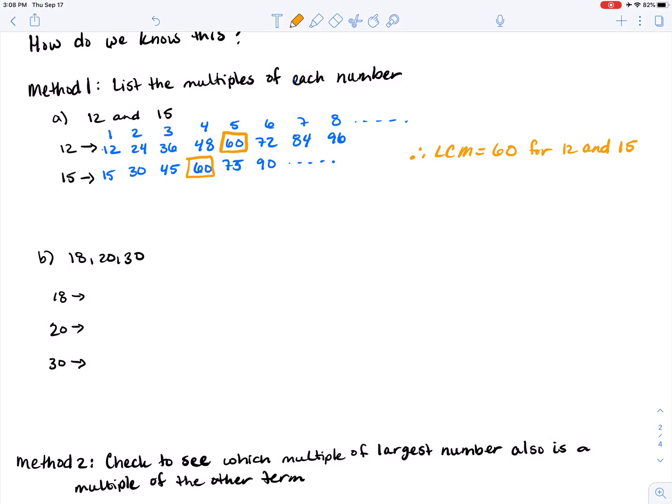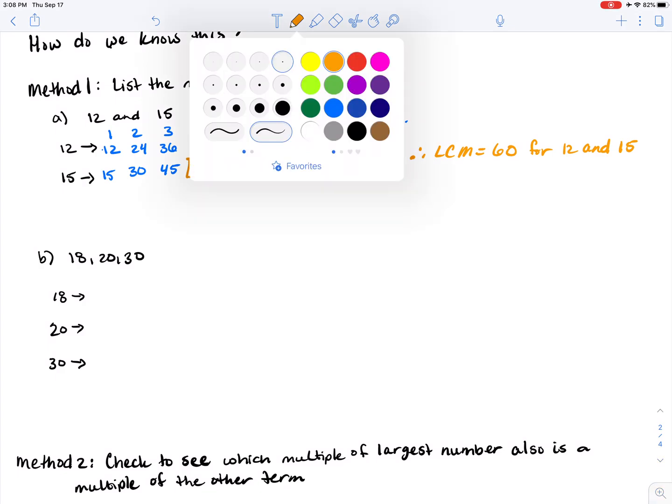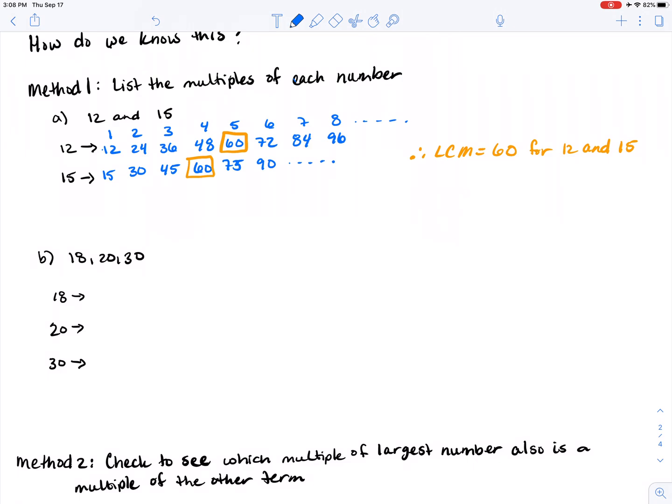What happens when you have 3 numbers and they're bigger than 12 and 15? I'm going to do the same thing. I'm going to make my chart. And I'm going to go up to 10 for this one, just because it makes it a little bit easier for me.